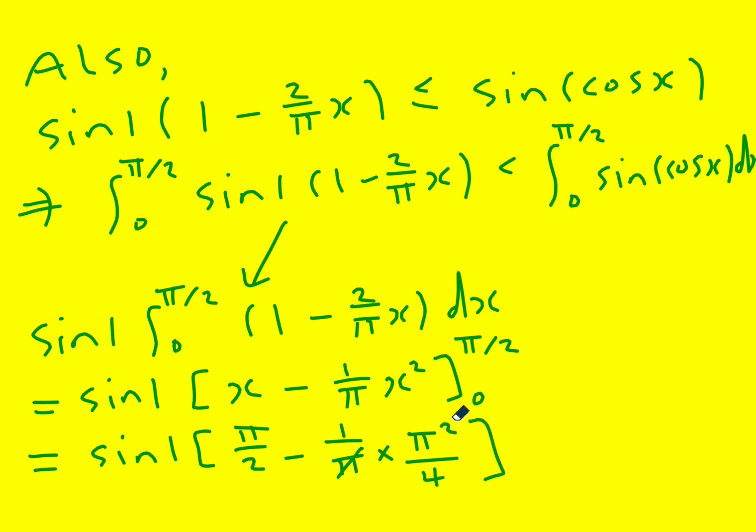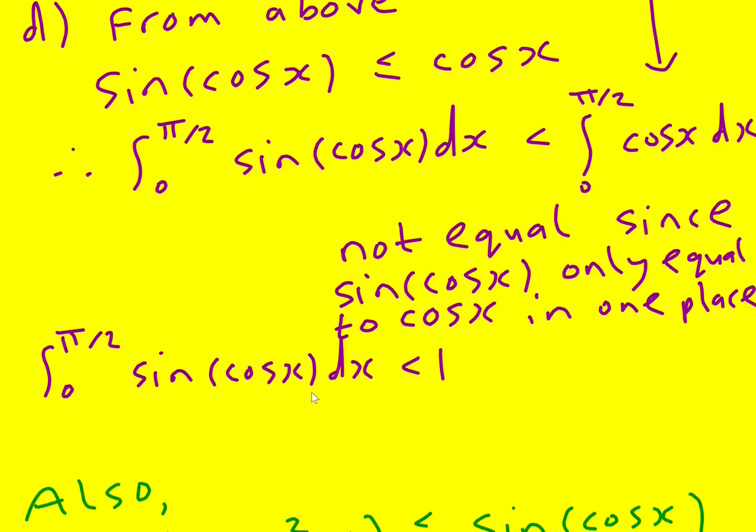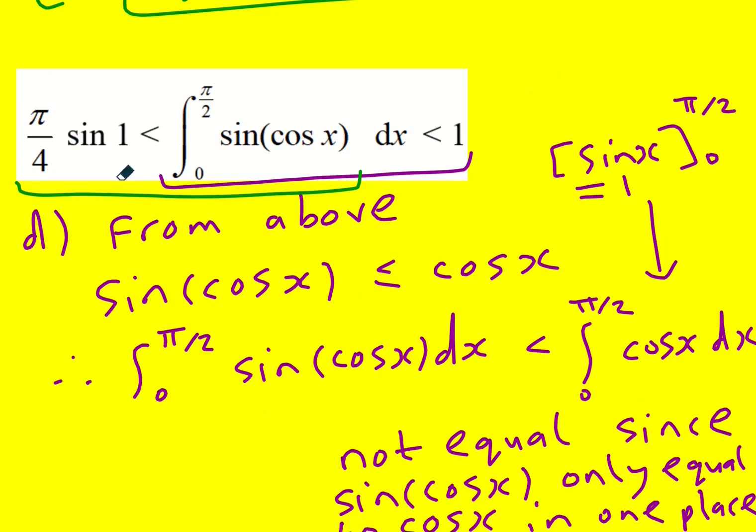They're going to cancel. So I'm left with pi over 4, because pi over 2 minus pi over 4 is just pi over 4. A half minus a quarter is a quarter. And that's all we needed.